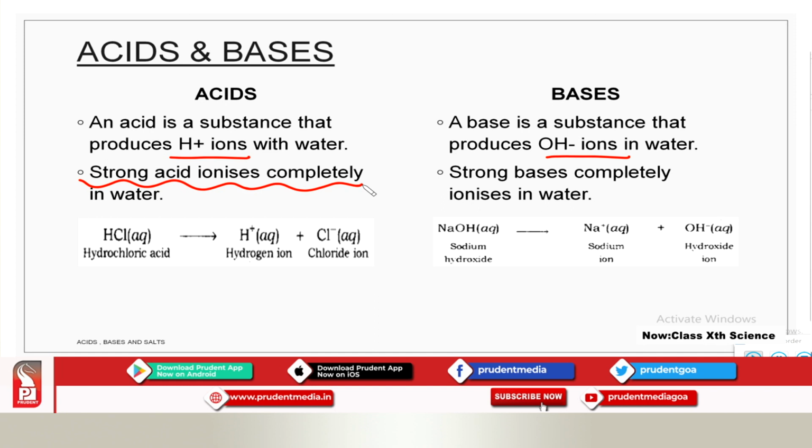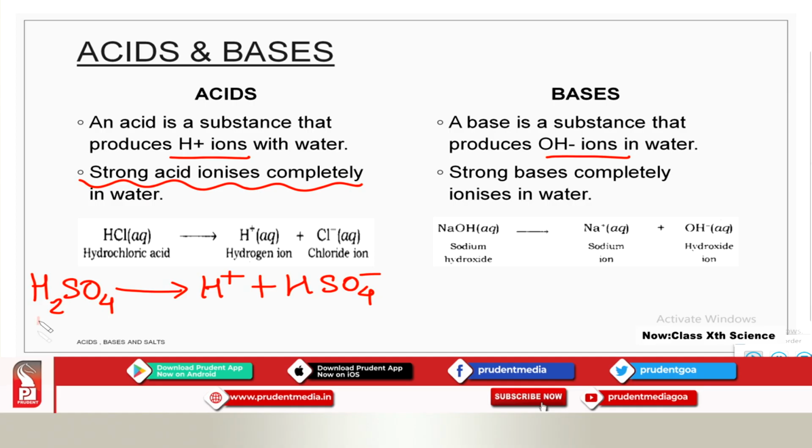Let me tell you, students, one of the strongest acids known is sulfuric acid, that is H2SO4. Why is it so strong? Because sulfuric acid dissociates to give you H plus and HSO4 minus ion, hydrogen ion and hydrogen sulfate ion.